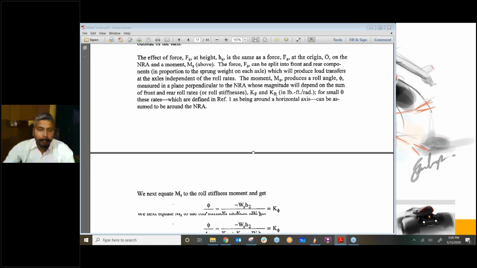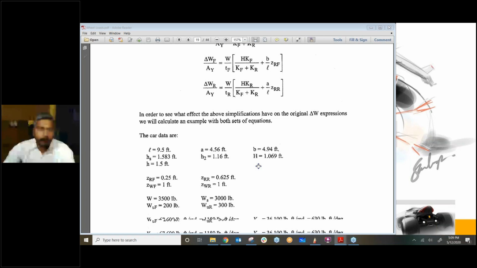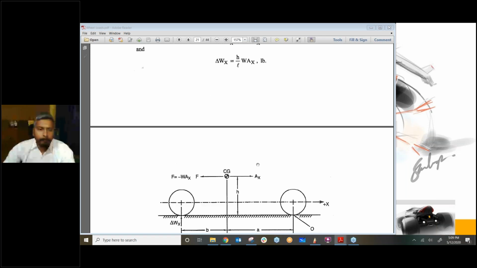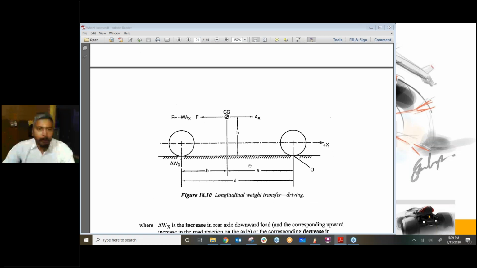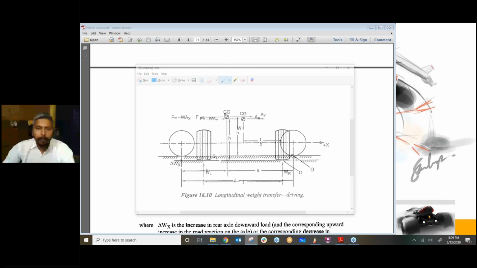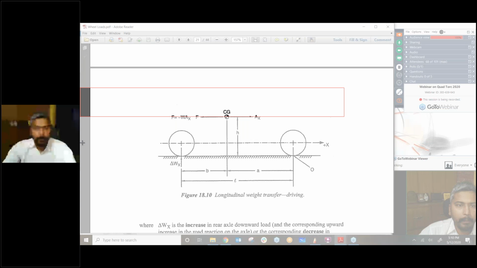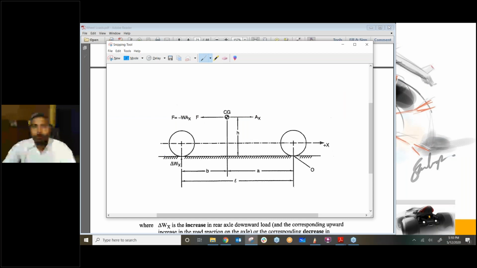So there is one case, lateral load transfer. The other case, longitudinal load transfer. Okay, so you just calculated the lateral load transfer, the percentage or amount of load that is being transferred from one side to the other when it's taking a turn.